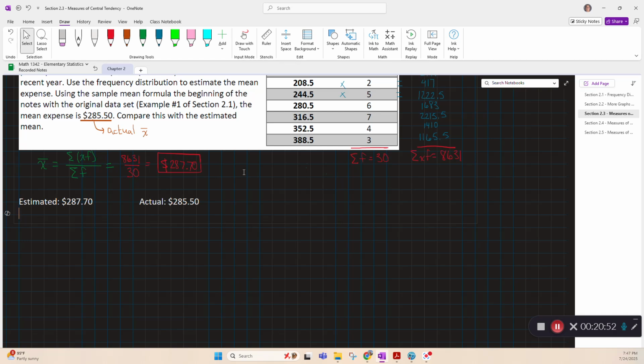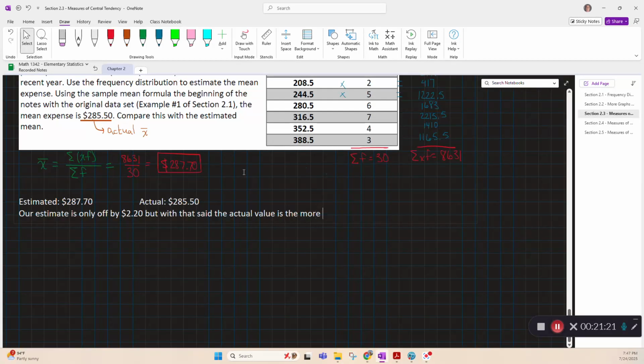So it's not substantially different. Of course, the actual is a more accurate result, so our estimate is only off by $2.20. But with that said, the actual value is the more accurate result.